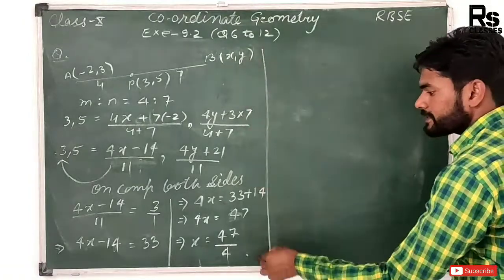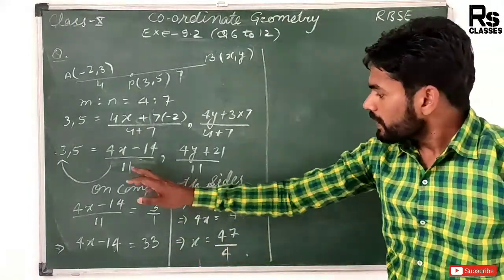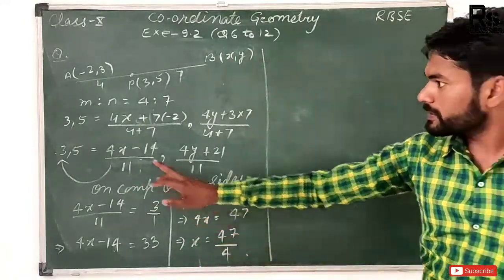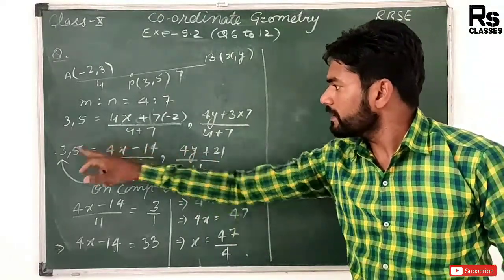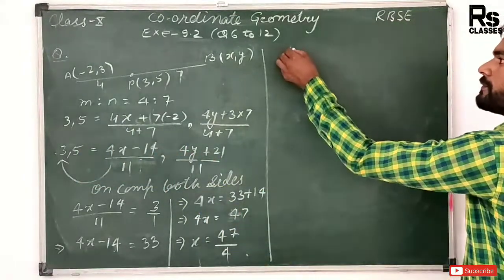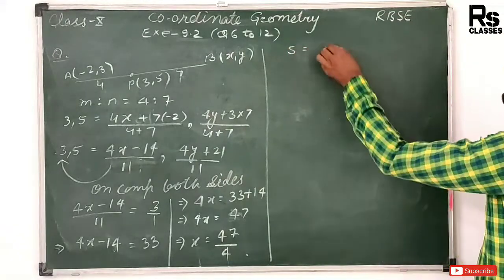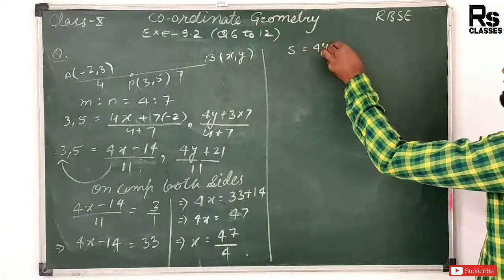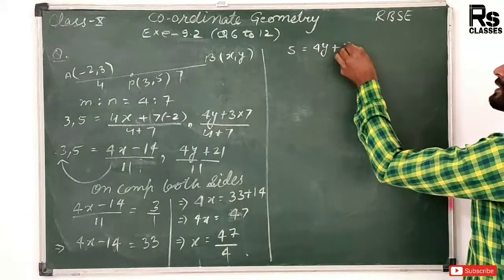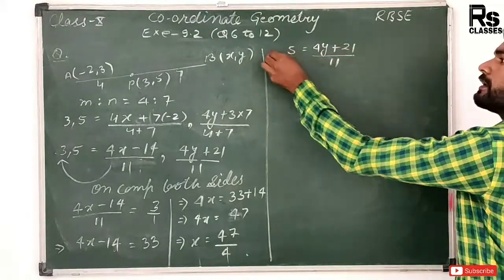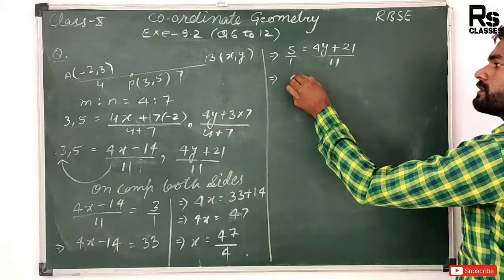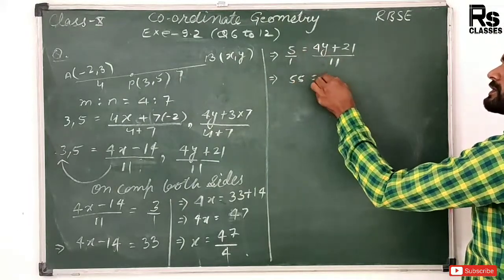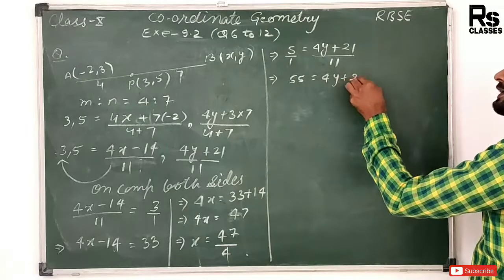Clear? Next, this is the value of x. Now to calculate the value of y, we will compare this coordinate of the y with this. Then 5 is equal to (4y plus 21) upon 11. Now multiply it cross again. So 55 is equal to 4y plus 21.